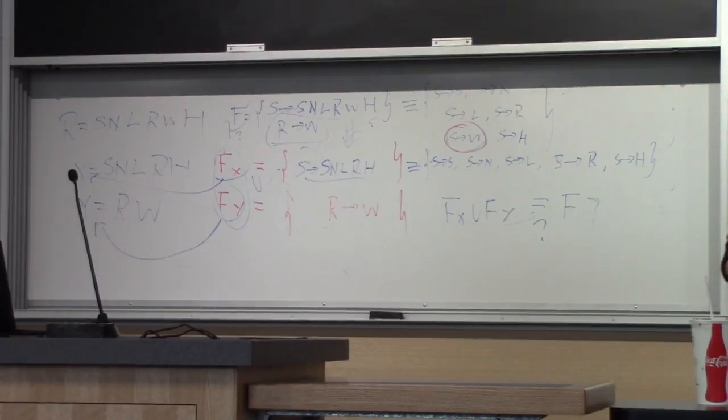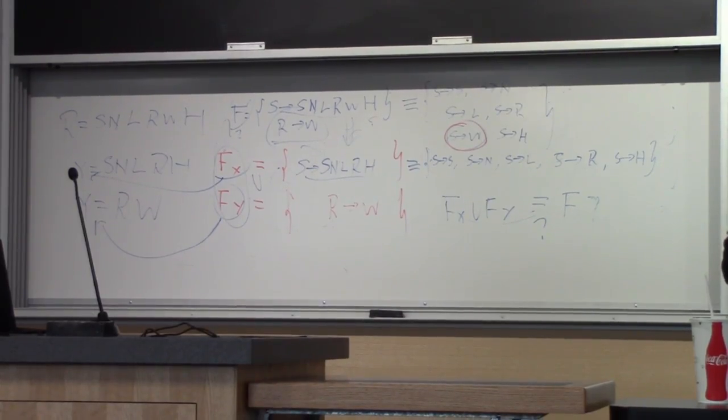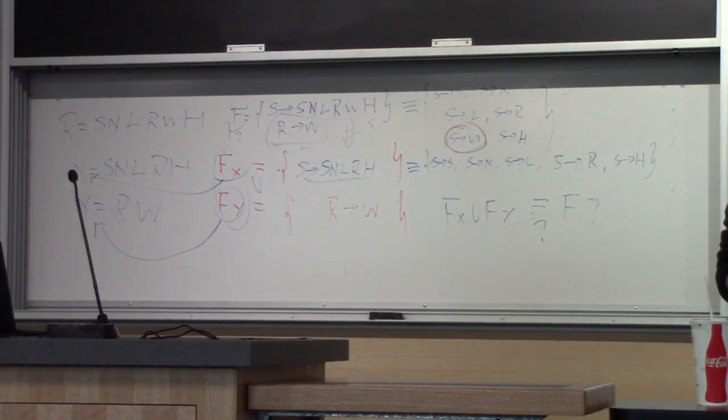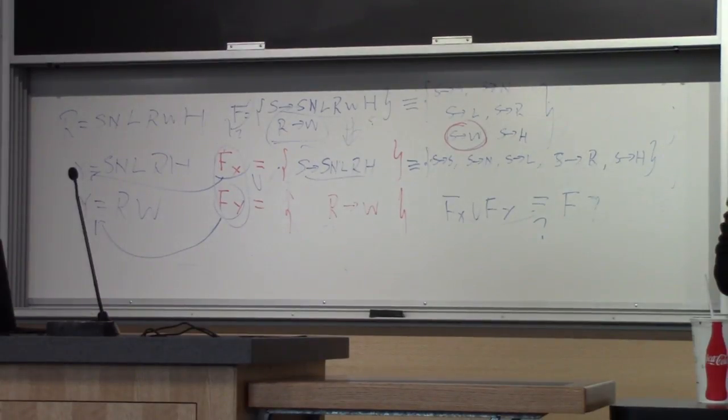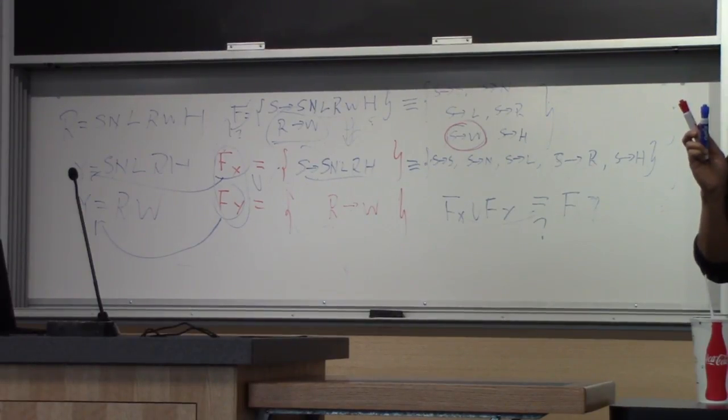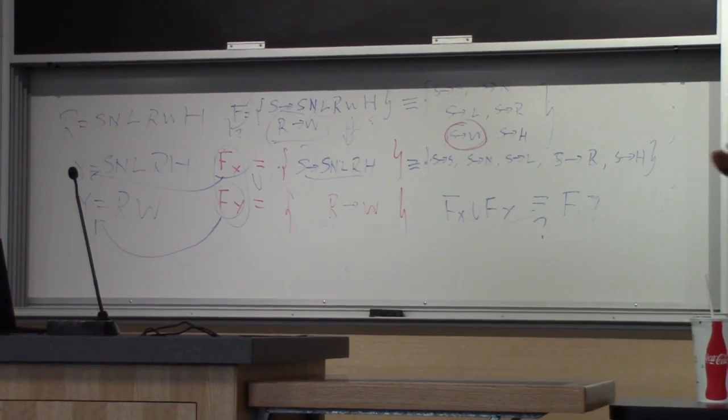By the definition of dependency preserving decomposition, this seems like not a dependency preserving decomposition, right? Because you have no way of enforcing S determines W now. However, let me finish and I'll take your question.